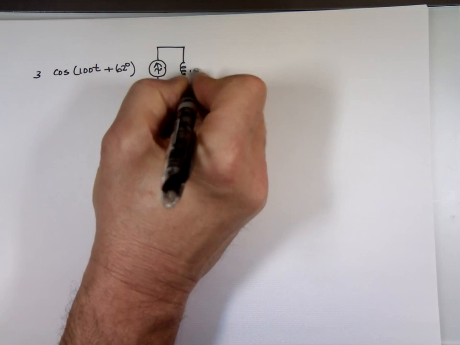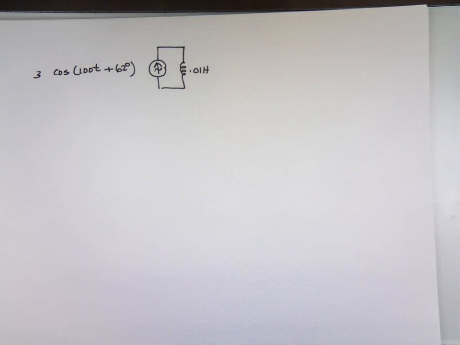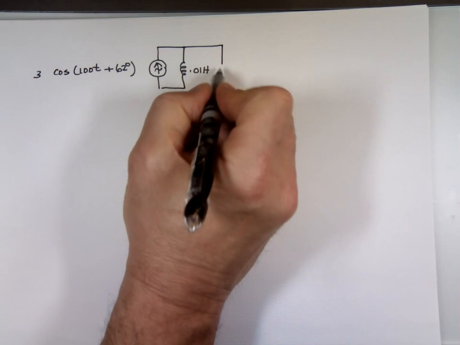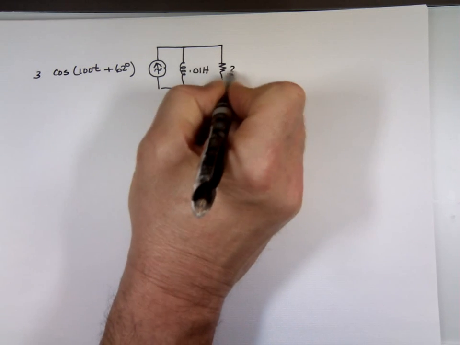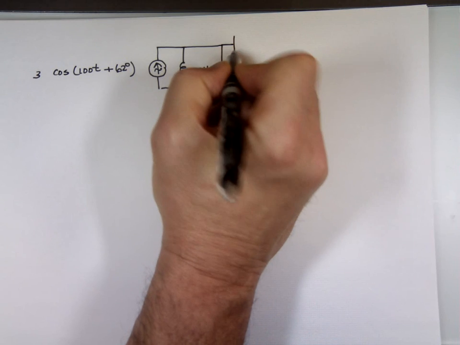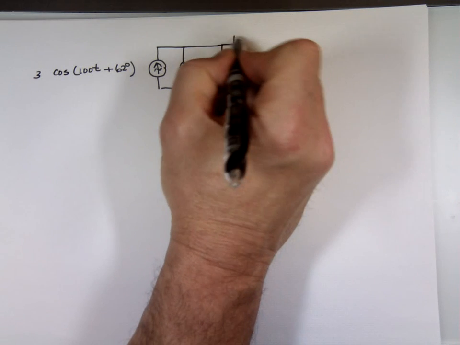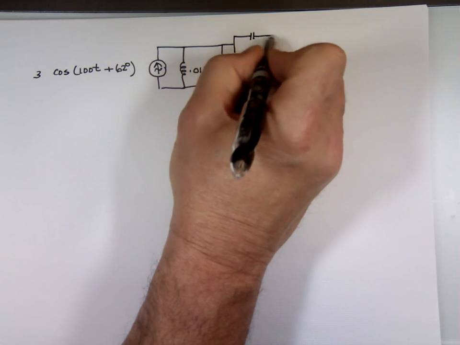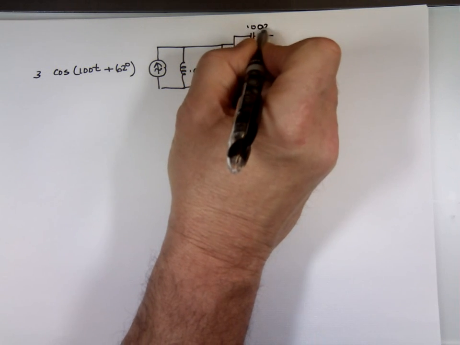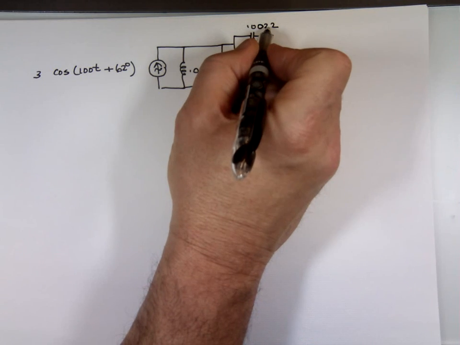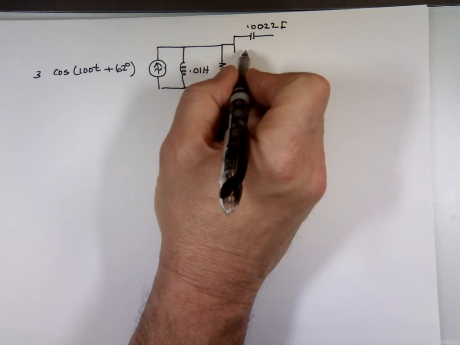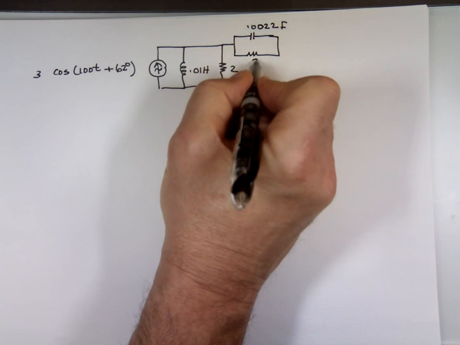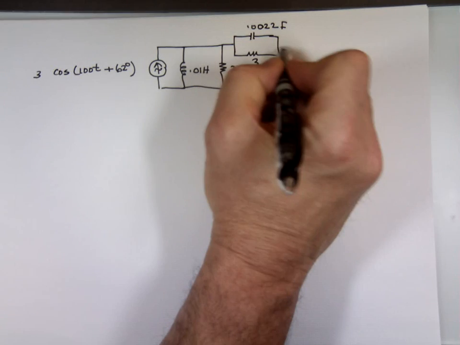Then a 2 ohm resistor, a 2.2 millifarad capacitor, which is 0.002 farad, and a 3 ohm resistor, and a 5 ohm resistor.